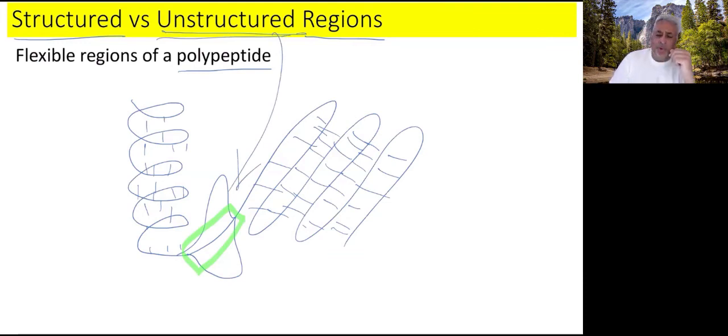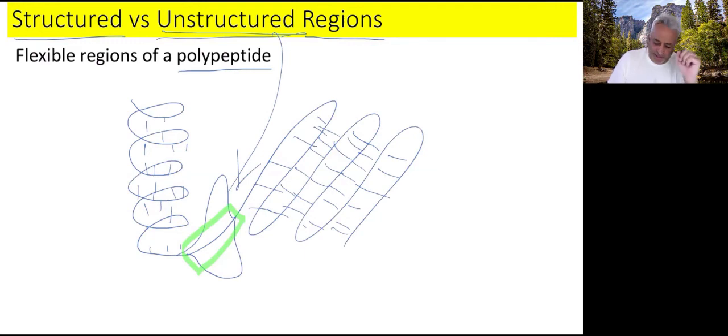Unstructured regions are important because they allow two rigid structures to move around. So it's important that proteins have structure when they need stability, and unstructured regions when they need flexibility.